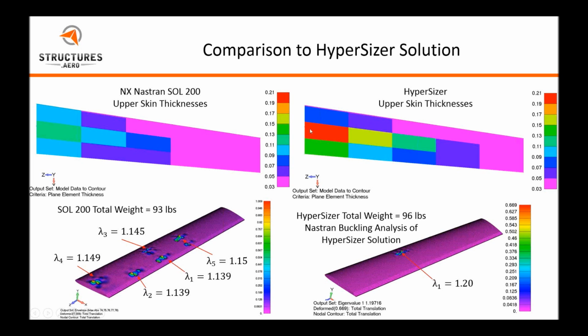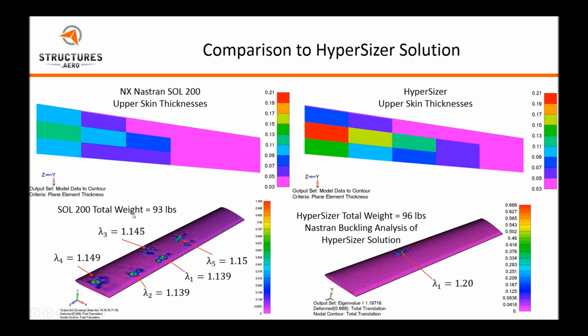So I feel if I went back and did this right and accounted for the stringers, that Hypersizer could get down maybe into the 80s range. And the reason that Solution 200 doesn't do the same thing with the stress is because it's a local gradient-based optimizer.